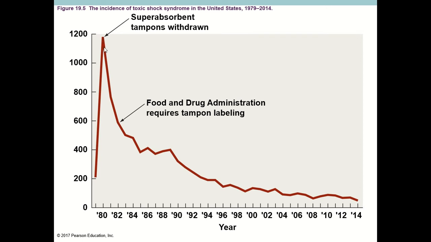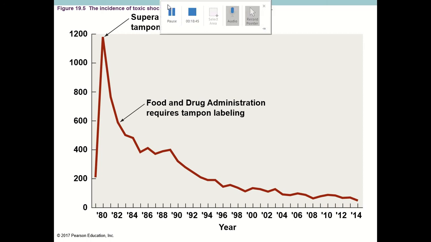So here we are in the 80s, right, where you see we saw a peak in the incidences of TSS, but then after labeling, you're looking at a progressive decrease in toxic shock syndrome incidence there.